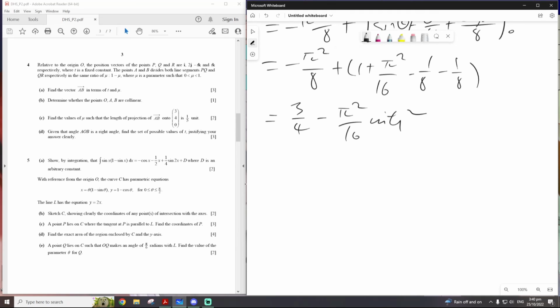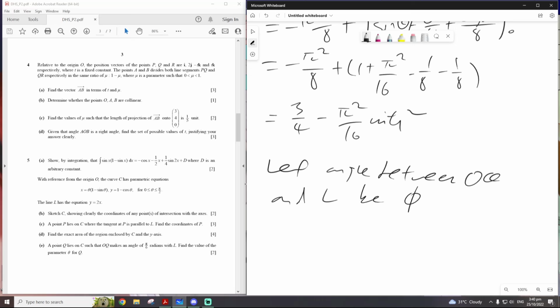clockwise. So let the angle between OQ and L be phi.